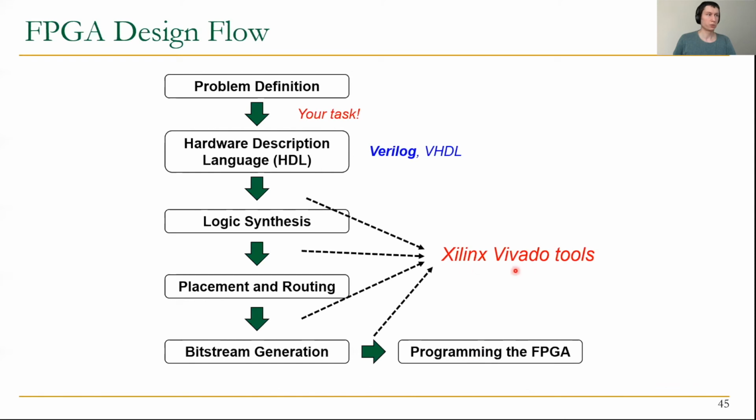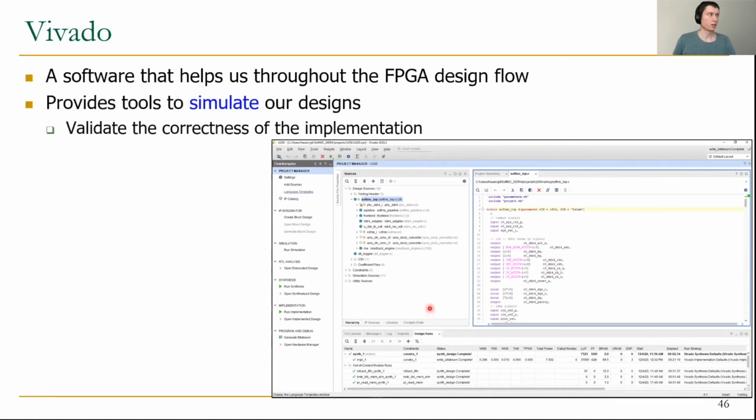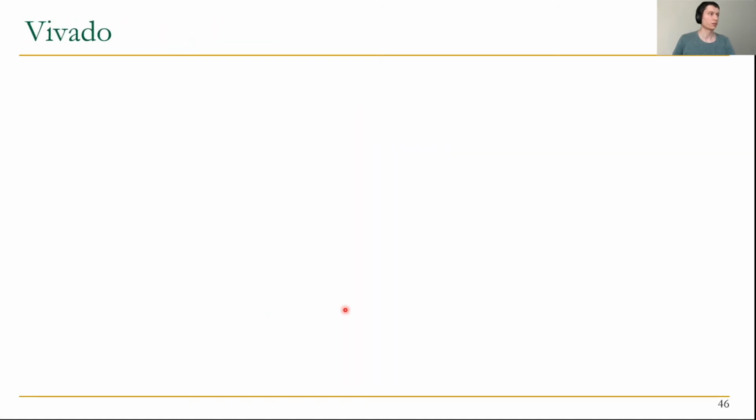Okay, and for this, we will be using Xilinx Vivado. This is what Vivado looks like. I will run a short demo slightly after this slide. Vivado basically helps you go through the design flow that I showed here.